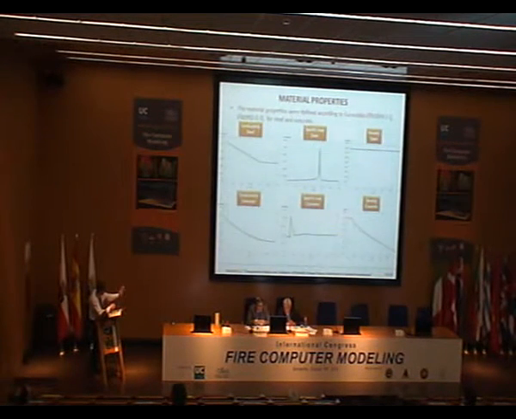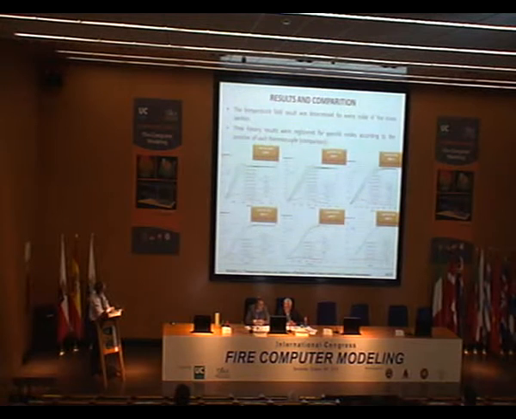So I'm going to pass this slide because this has to do with the behavior of material with high temperature. And finally, we can see in black the experimental curves.